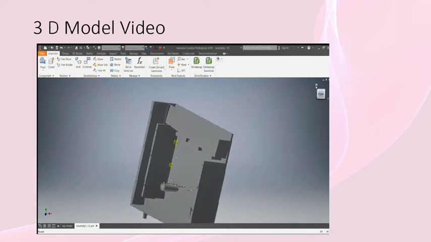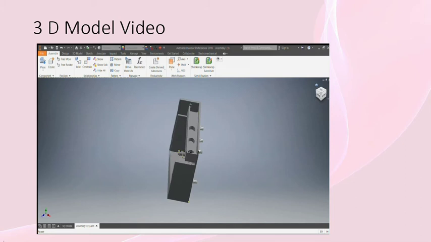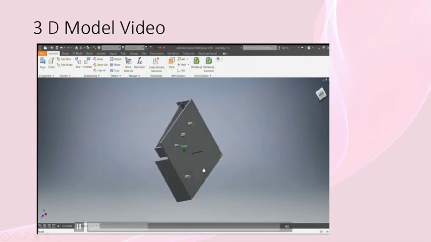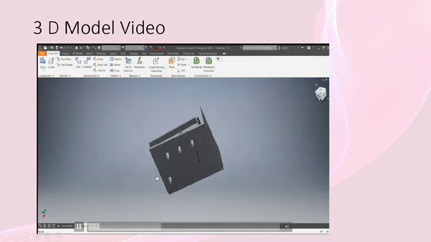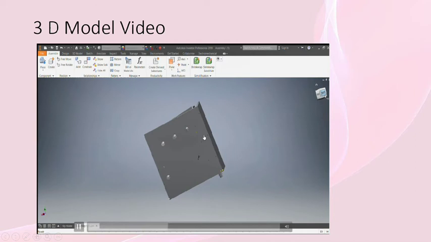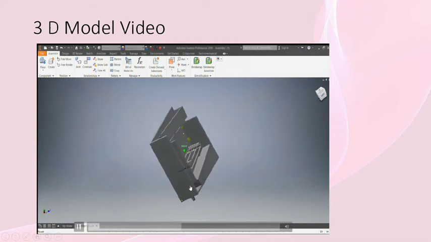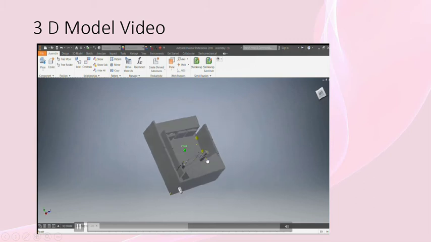This 3D model is showing all the views. These are the slots. These are the various motors. This is the conveyor belt. It is a sliding path.